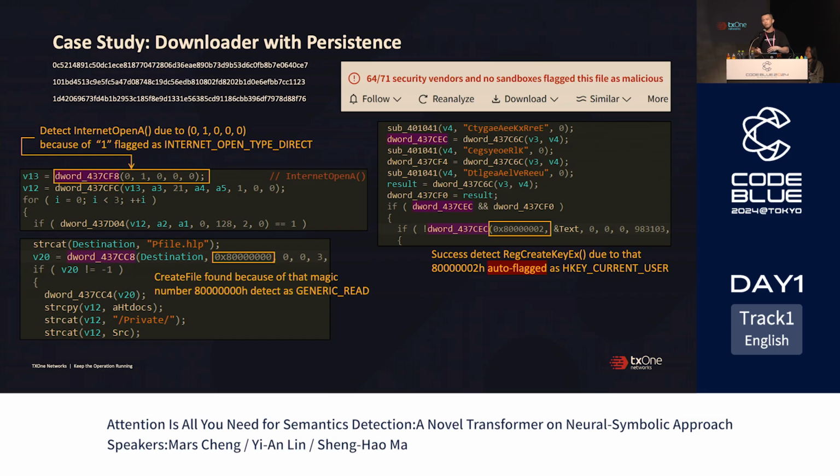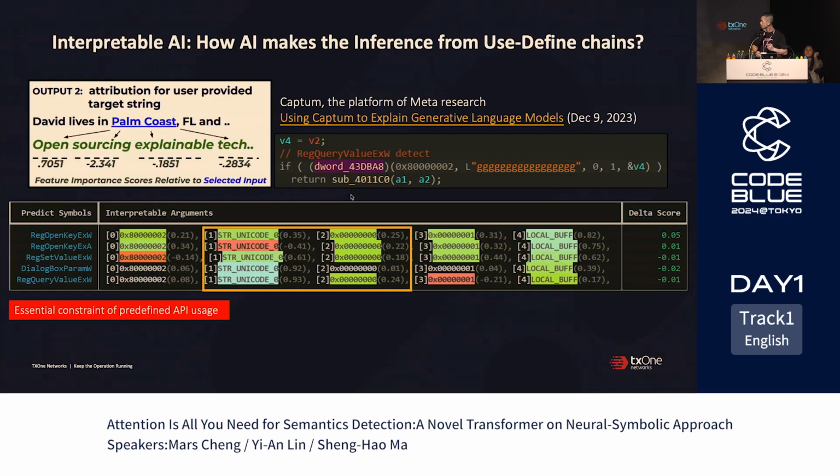If this magic number is at position 1, it stands for HKey Current User, and only registry key related Windows APIs use such a magic number. So our AI model can detect that this API is probably RegCreateKeyEx.